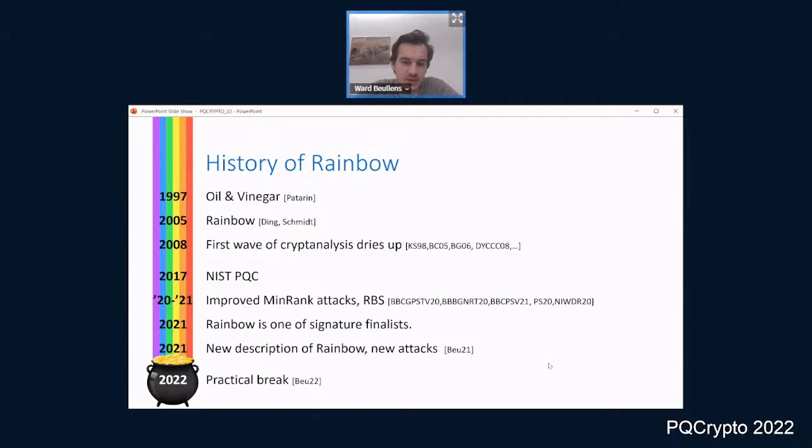Also there was the rainbow band separation attack, which was known long before, but it turned out that the attack could be improved a little bit over what was known. So there were some results here, but there were not really any new attacks on Rainbow. Then things started to go wrong in 2021, when we had a new description of how Rainbow works.